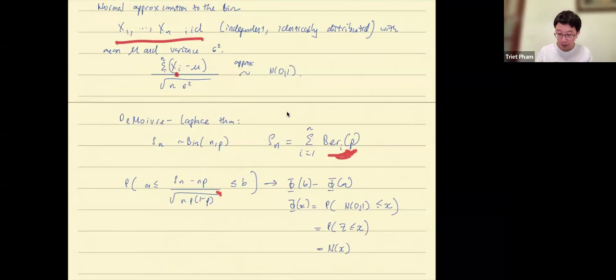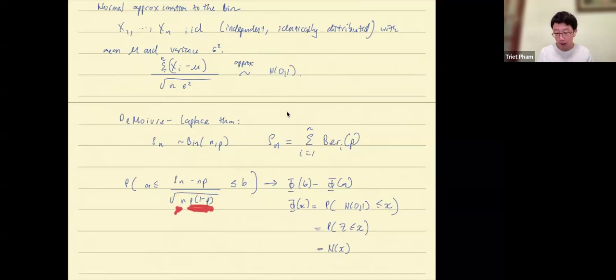And each of the xi is supposed to subtract what? p. But if you sum mu n times, that's n times p. So this can also be expressed as the sum of xi minus n times mu, but n mu will be outside the sum. Similarly, n sigma square: the variance of Bernoulli is p times 1 minus p.